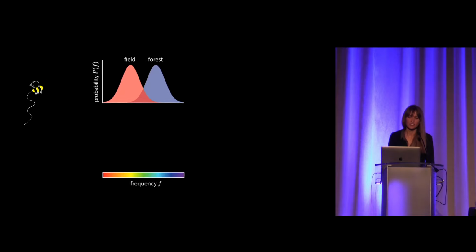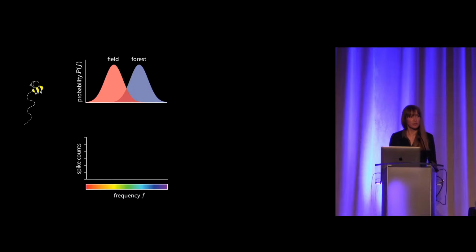Okay, so we started off this problem set asking how you would build a good detector for encoding different distributions of frequencies, and I asked you to draw the nonlinearities that might be best for encoding the distribution in the field versus the forest.